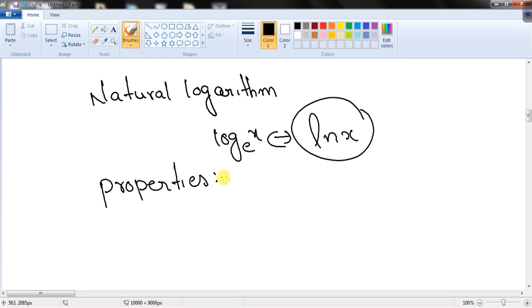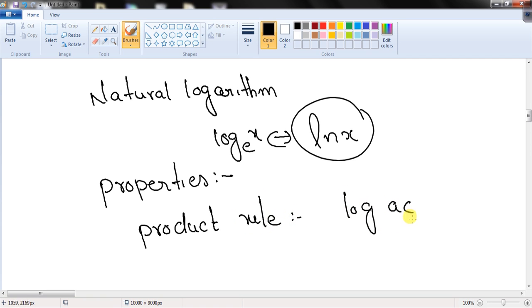We have a few properties. The first property is the product rule. The product rule says if we have log ac to the base b, I can write it as log a to the base b plus log c to the base b. This is the first property.